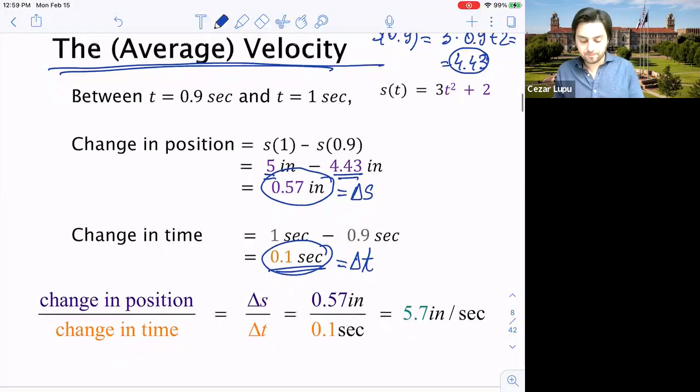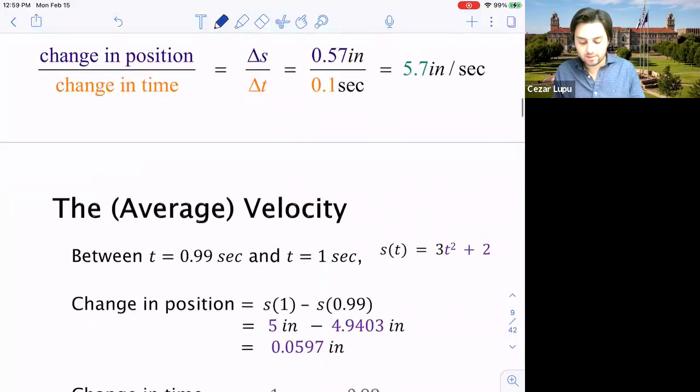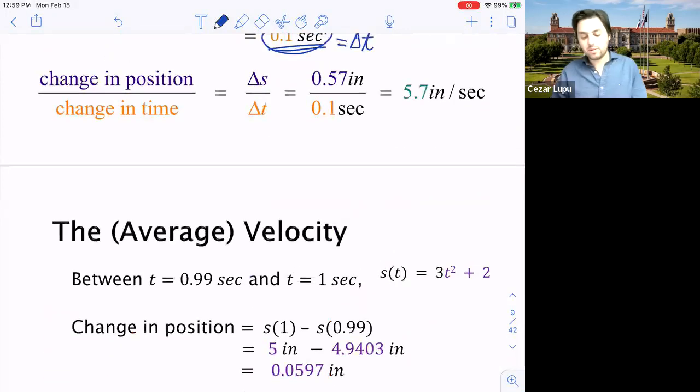All right. Now let's see what happens similarly. We want to see a similar situation. So keep in mind the result here, 5.7.